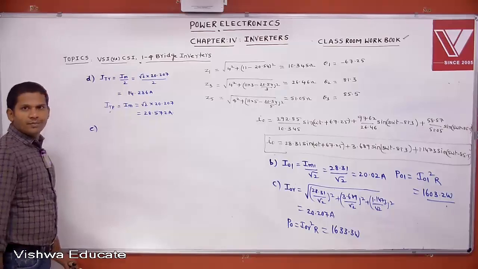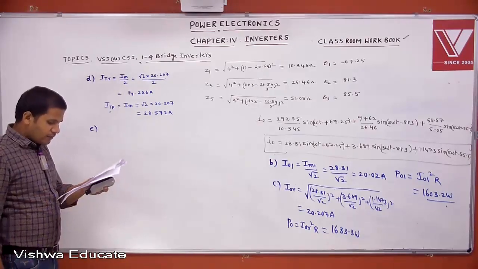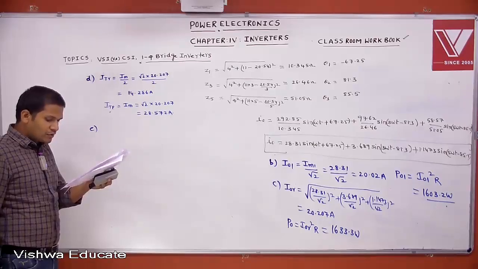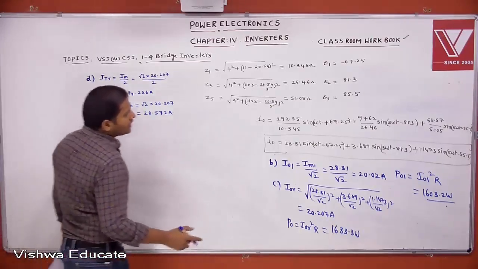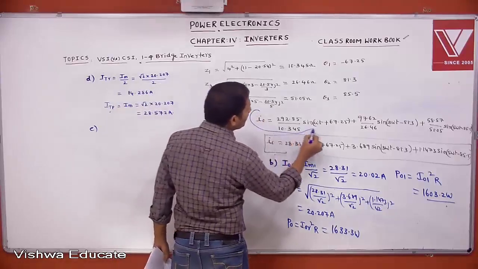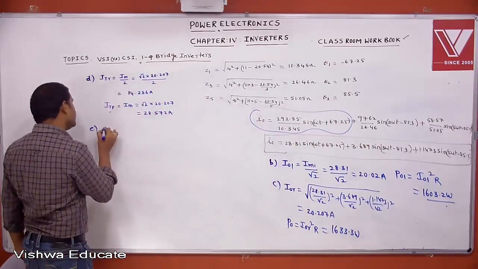Then what about question number E? By considering the fundamental component, you want to calculate the conduction time of thyristor and diodes. If you consider only the fundamental component, what is the diode conduction angle?